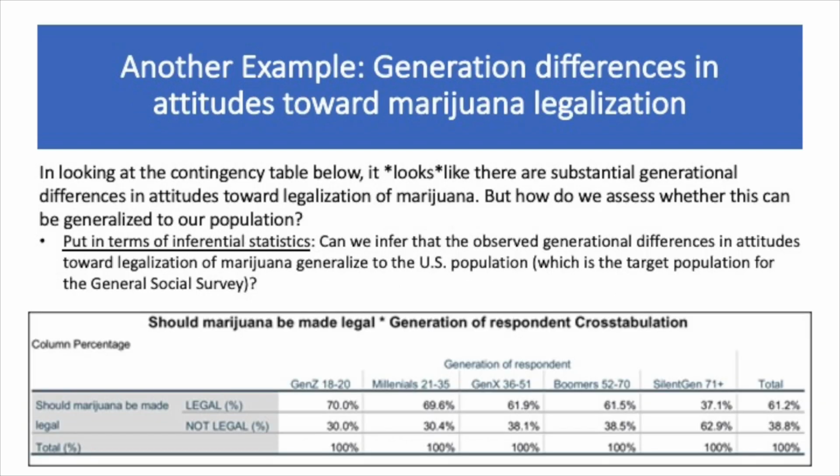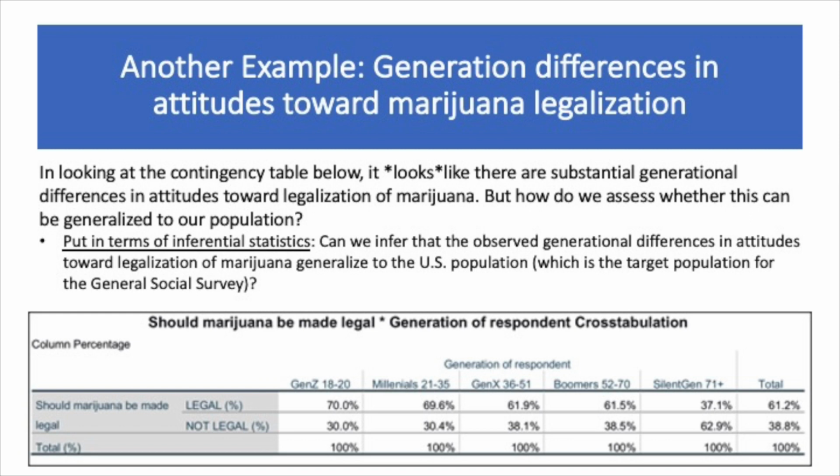Here's another example. This is an actual social science example using the General Social Survey, and one that we've actually used before in our PowerPoint modules. So let's say we're looking at generational differences in attitudes toward marijuana legalization. In looking at the table below, it looks like there are substantial generational differences in attitudes toward the legalization of marijuana, right?